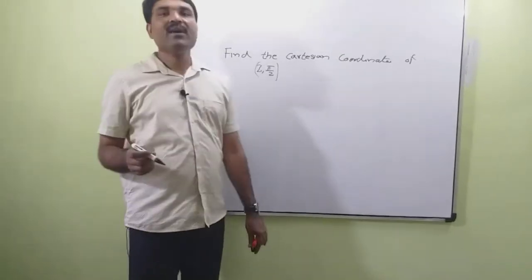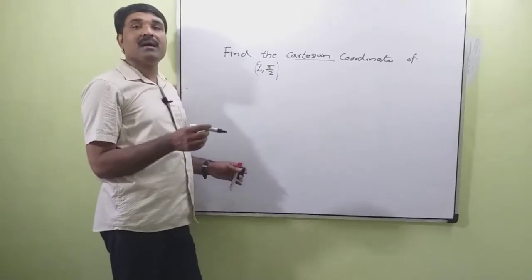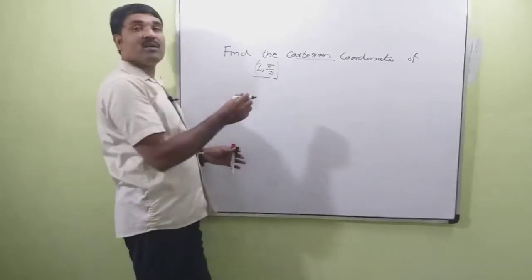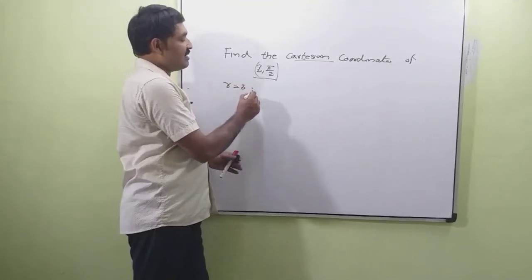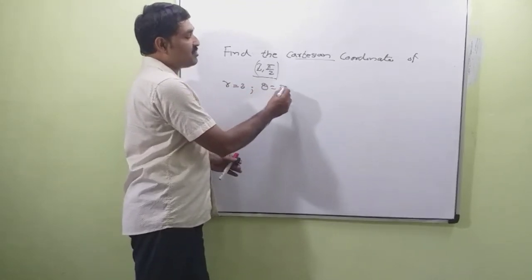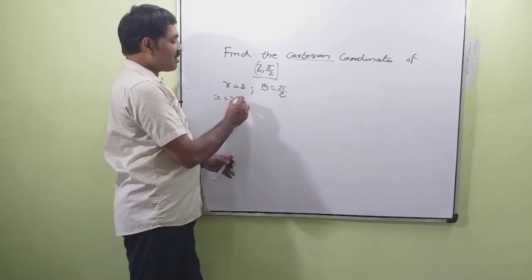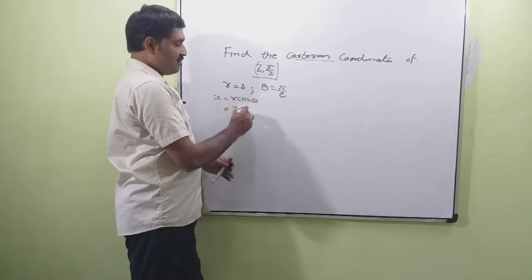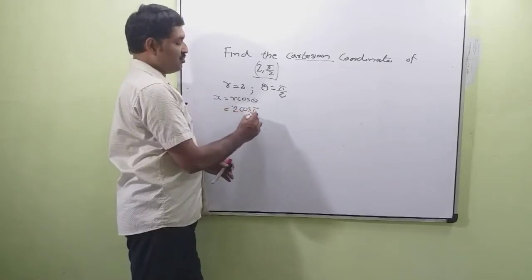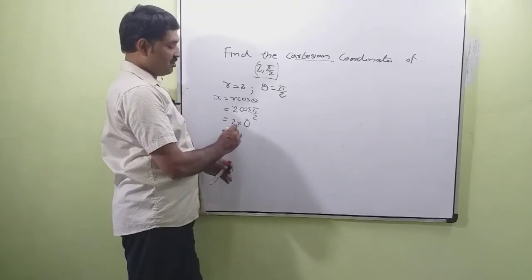Okay. Now find the Cartesian coordinates of (2, pi by 2). Here the polar coordinate is given, with r equal to 2 and theta equal to pi by 2 radian. So x is equal to r cos theta, that is 2 cos pi by 2, that is 2 into 0, equal to 0.